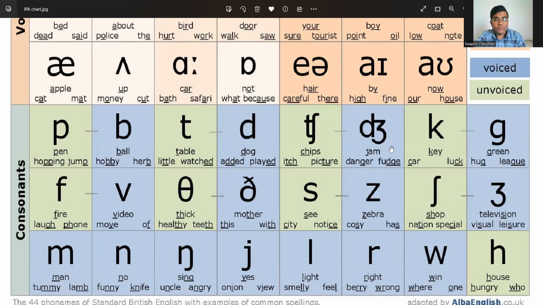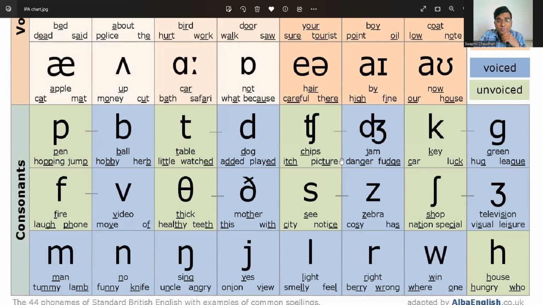And then jam has no blur at all. So you need to remember we have three versions of the Z sound in English. And then we have S versus sh, th versus the. You should just know these things.